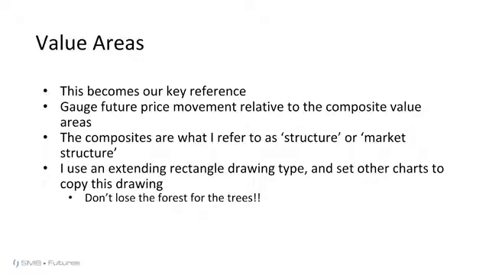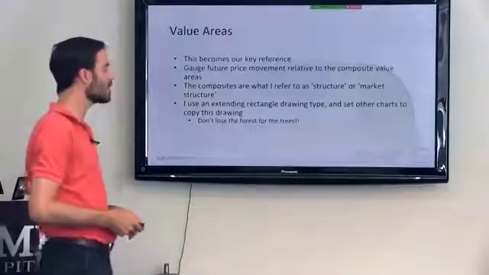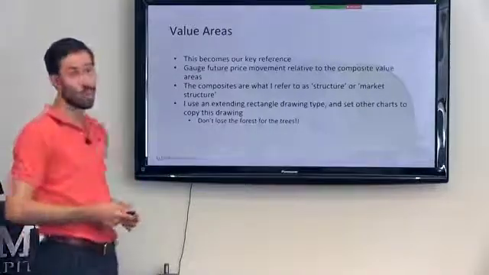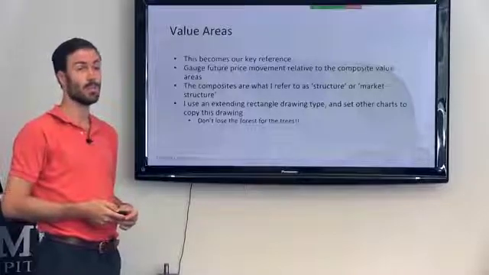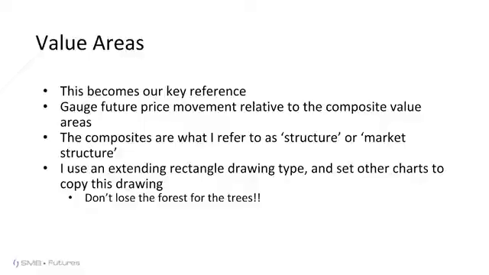This isn't rocket science. There are a lot of nuances. It takes time to see a lot of different examples and get comfortable with it. But it's actually quite simple, as you'll see tomorrow when we go through the trades that could possibly exist. And I'll tell you, there's not that many of them. It's what I call structure or market structure. When you hear me talk about that, I'm talking about composite value areas.